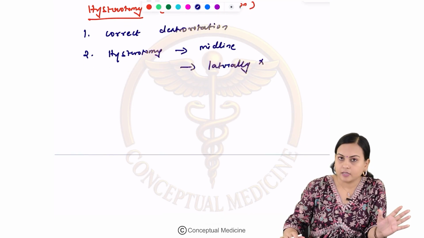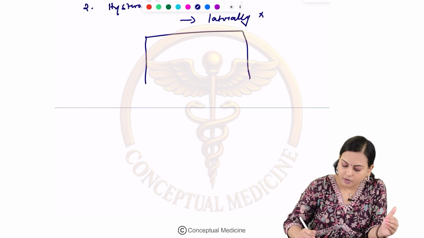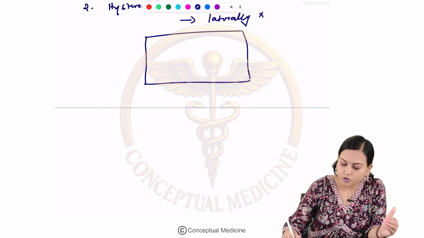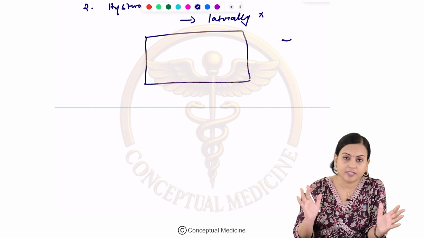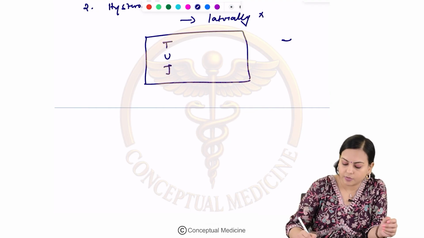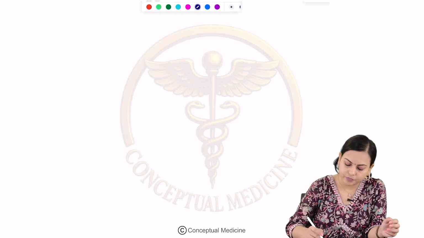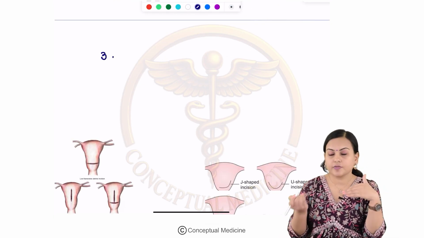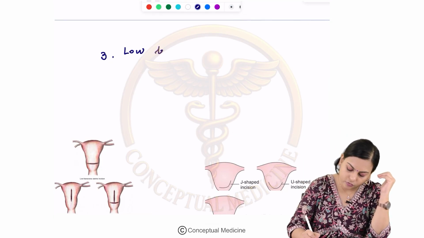Most of the times we will be giving a small curved incision like this over the uterus, and other incisions are also available, like T-shaped incision, J-shaped, U-shaped incision. So, all these are not preferred regularly. Okay. So, which incision will we be preferring mostly? Yes, we will be giving a low transverse incision over the uterus.